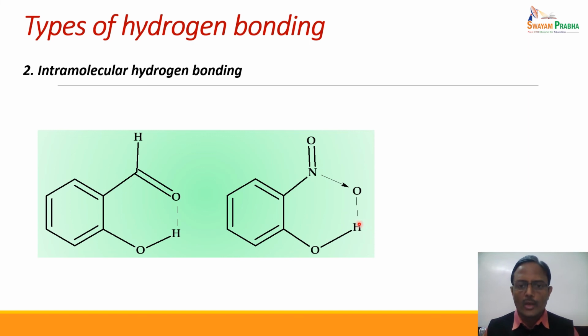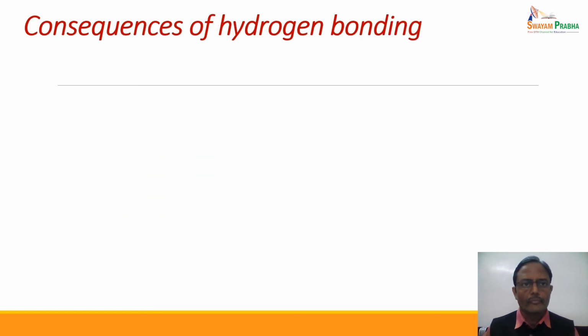Similarly, this is ortho-nitrophenol. We have a nitro group at the ortho position of the OH group in phenol, so this hydrogen gets attracted towards the oxygen atom of the nitro group. So this is intramolecular hydrogen bonding. So we have intermolecular as well as intramolecular hydrogen bonding.